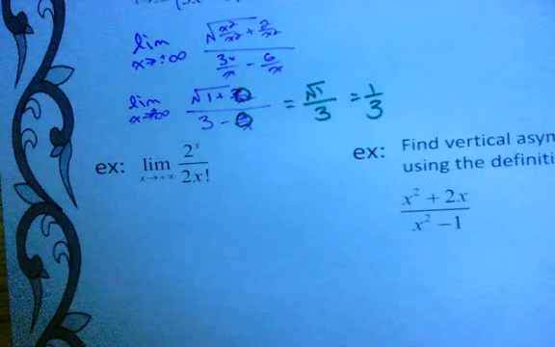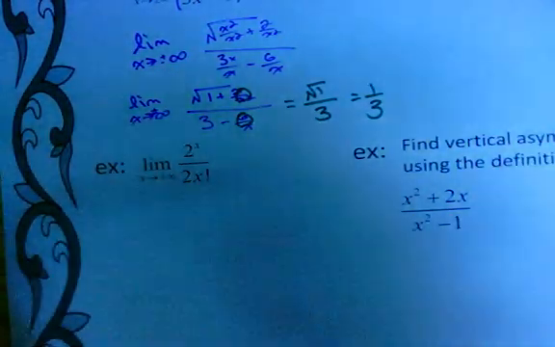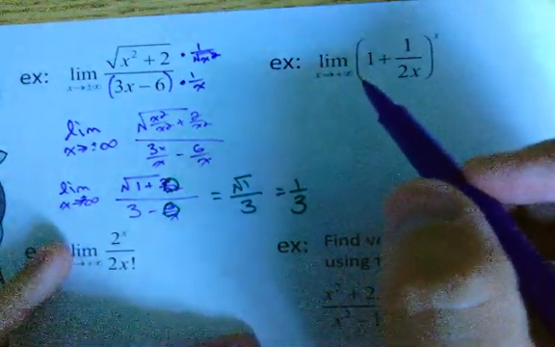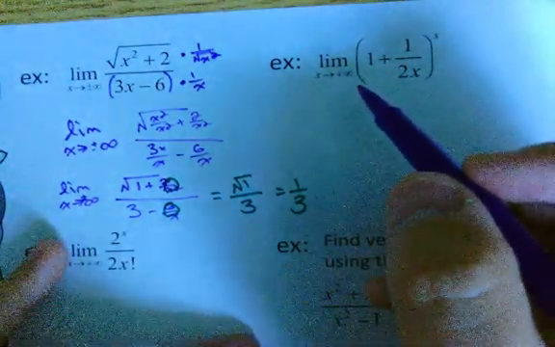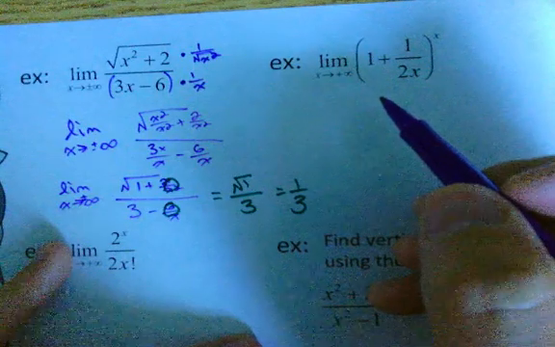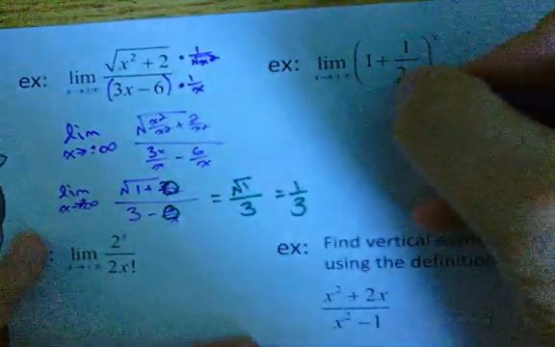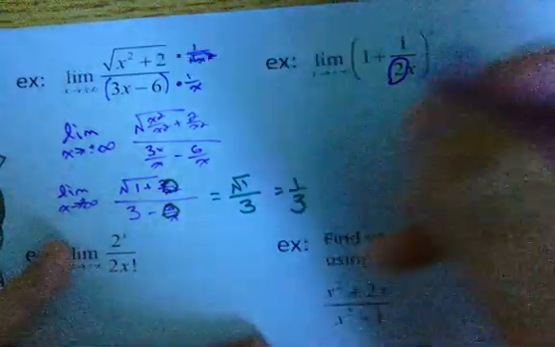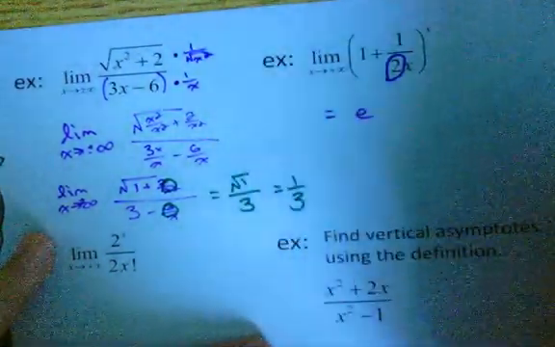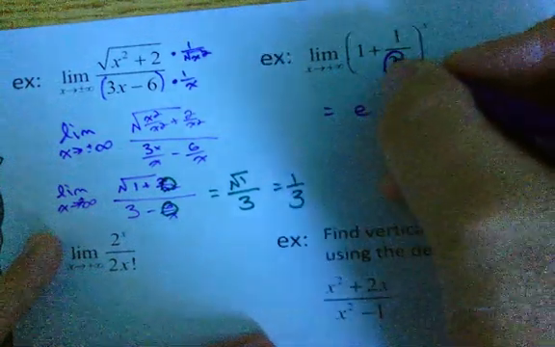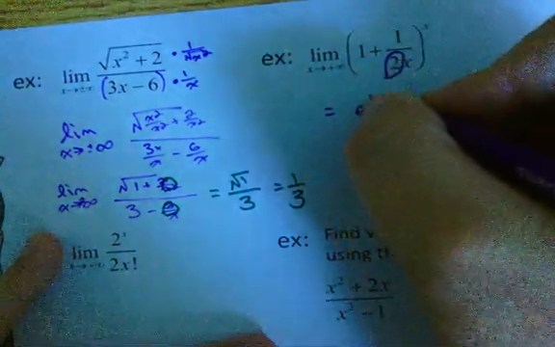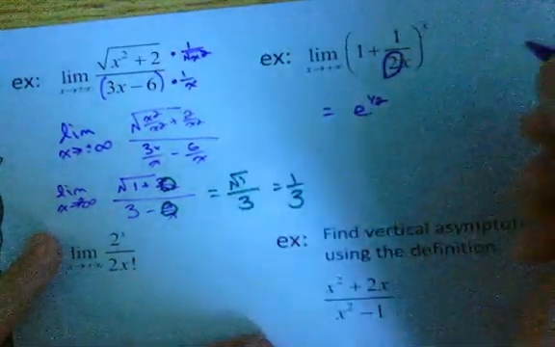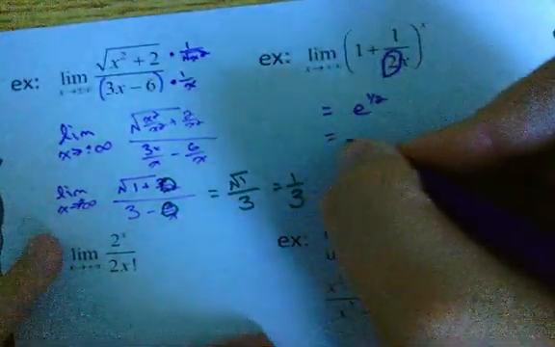Okay. Next example, this is that fun one we saw before. It kind of looks like that formula, the one that's e. But what changes is we have this right here. Usually this equals e to the 1, but that's going to make it a 1/2, which is root e.